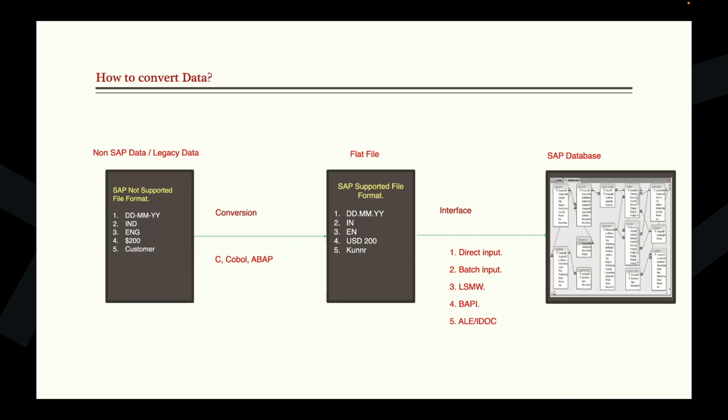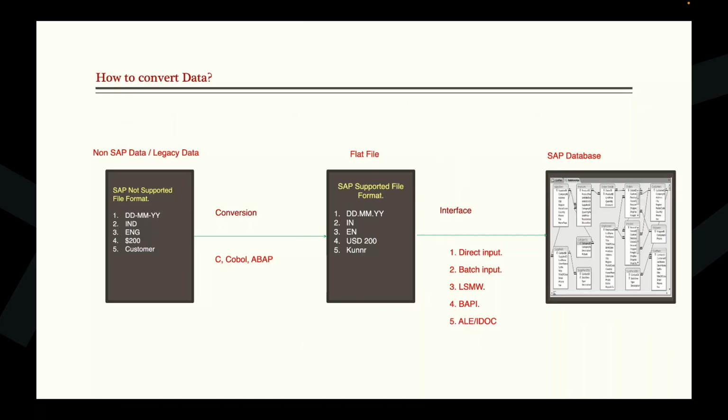And this is the first action. Whenever there is legacy data, meaning data which is not in SAP format, and our customer has that data and needs it in our SAP HANA database, that data first we have to convert to a SAP HANA understandable format.